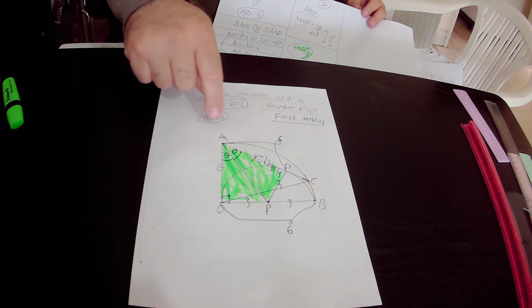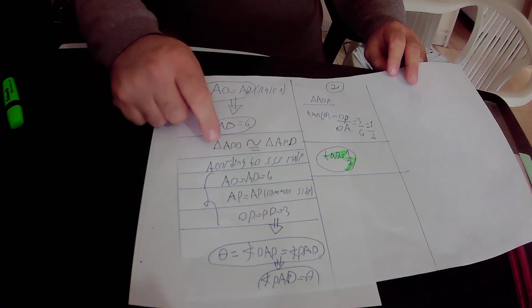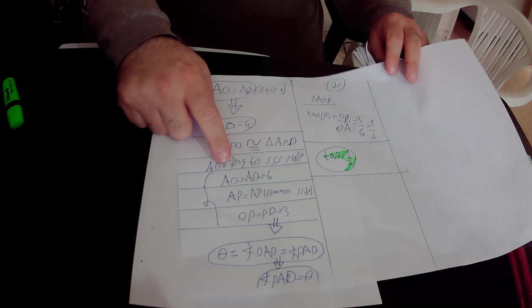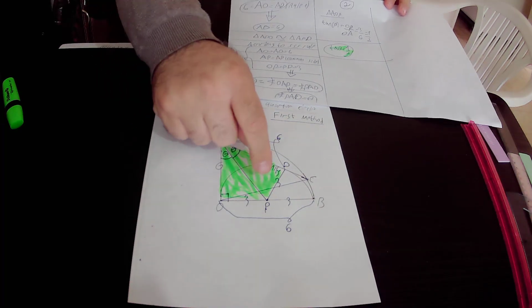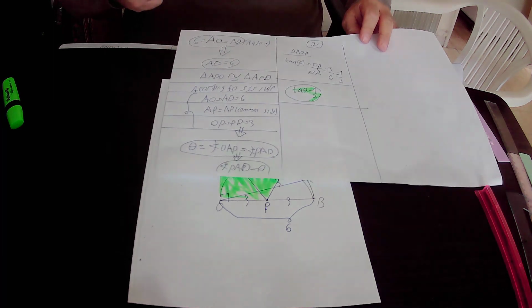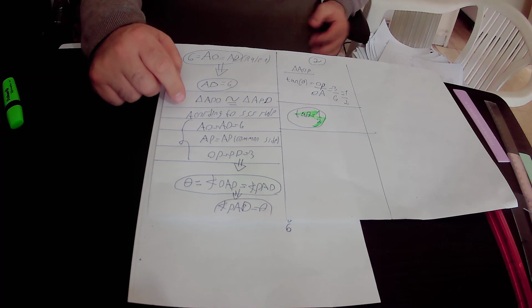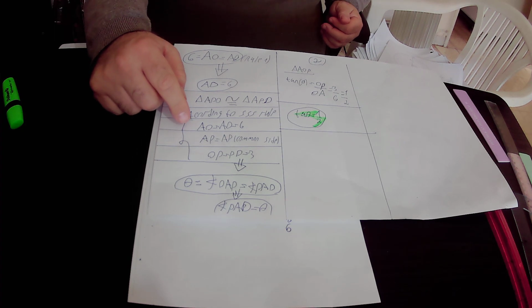AP is a common side that belongs to both triangles, so AP equals AP. And finally, OP equals PD equals 3 units, the radius of the semicircle. So we prove that all the sides of triangle APD are equal to all the sides of triangle APO. Therefore, those two triangles are congruent according to the side rule.